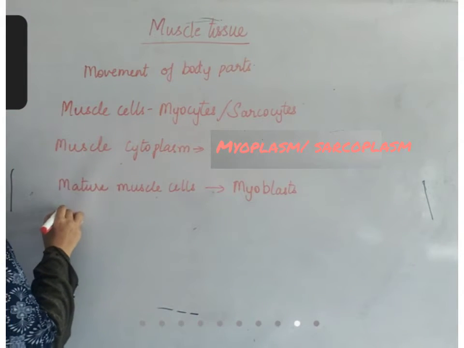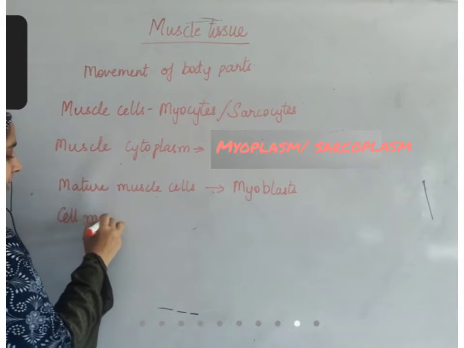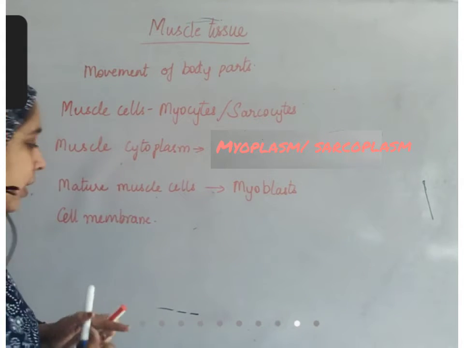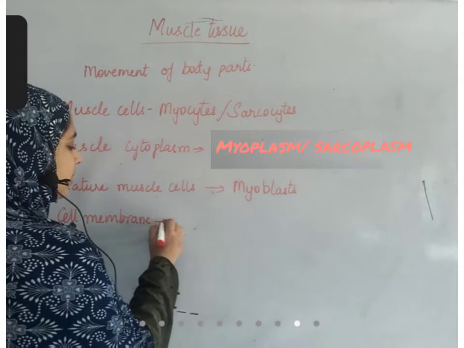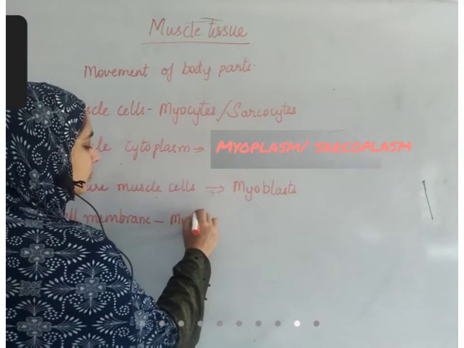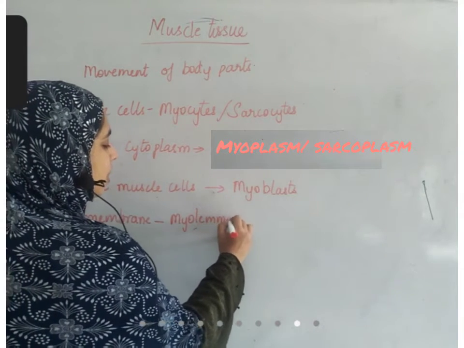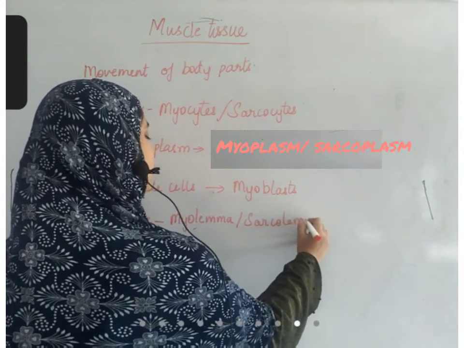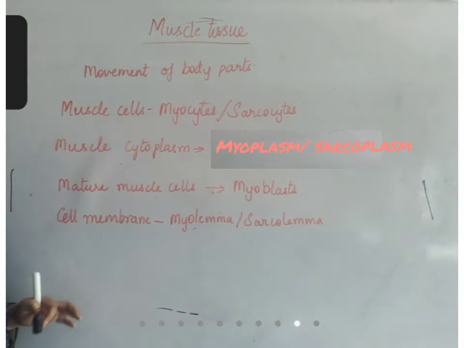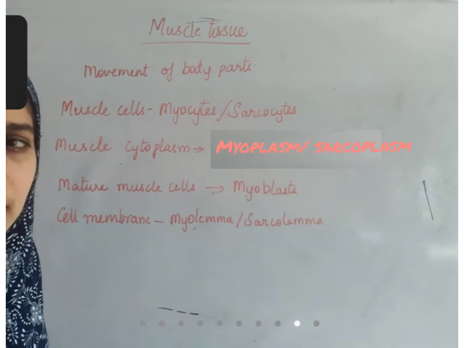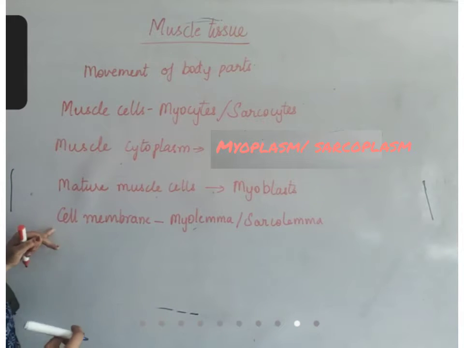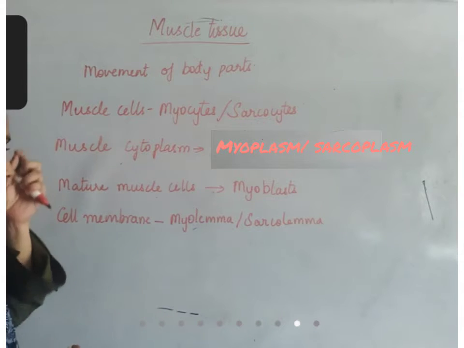The cell membrane of muscle cells is called myolemma or sarcolemma. So, like this, there are names that are specific for the muscle cells.